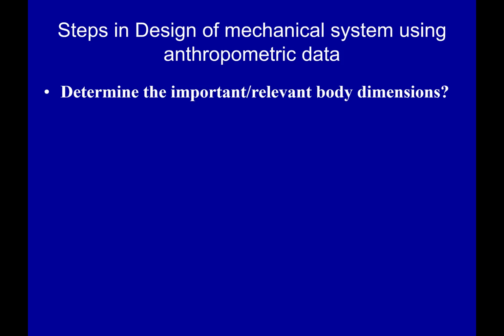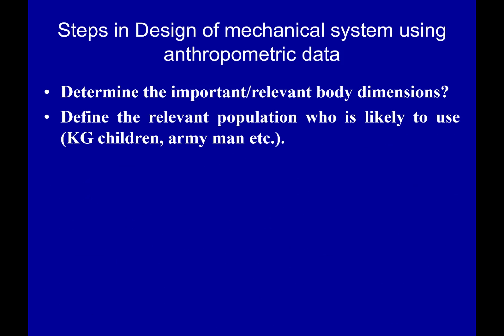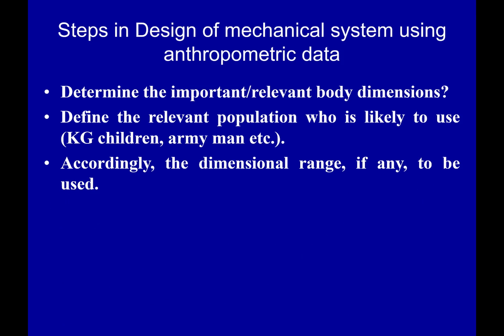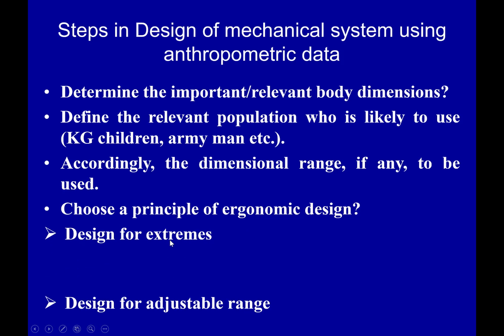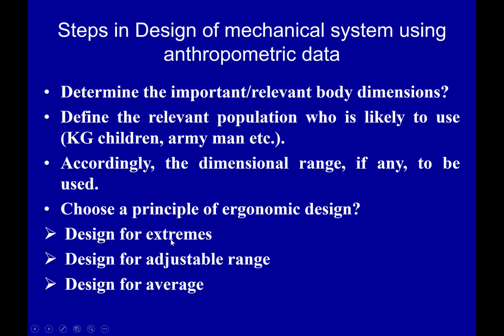Determine the important relevant body dimensions to be used in design. Define the population who will be using the product, like KG children or the army men or the housewife. So depending upon the kind of users, accordingly this user population or the target user group, you will get the kind of dimension to be used in the design. Choose the suitable principle for ergonomic design, like design for extreme, design for adjustable range, and design for averages.